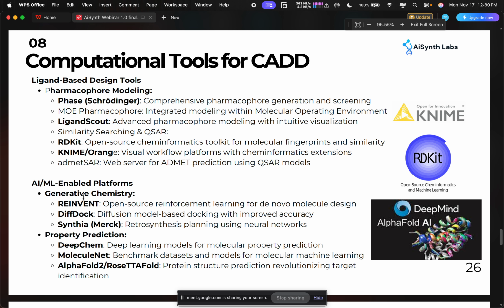And AI enabled platforms that you could use. There's REINVENT, there's DeepDock, there's Synthia, there's DeepChem. You get deep learning models for molecular property prediction. There's MoleculeNet. This is where you can get datasets, models. AlphaFold also. AlphaFold was created by Google DeepMind. Google created DeepMind, and it is a platform that can predict the structure of a protein.